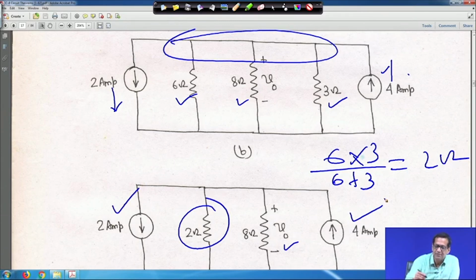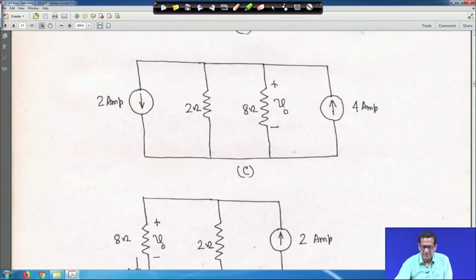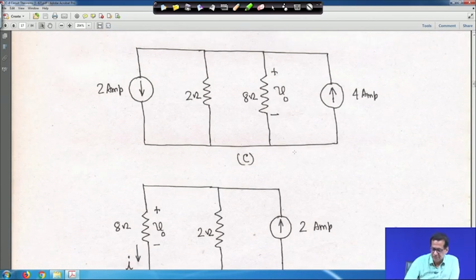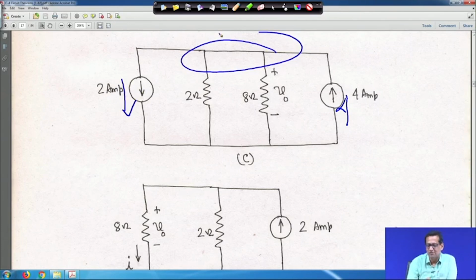That means further simplification. If you look into this, this 4 ampere is upward and this 2 ampere is downwards, and this is the common node, all are in parallel.